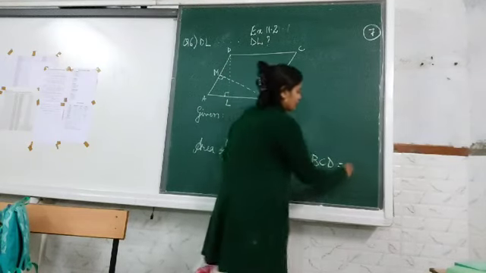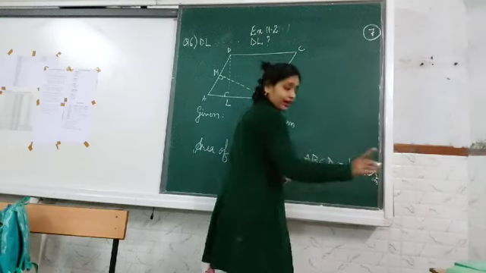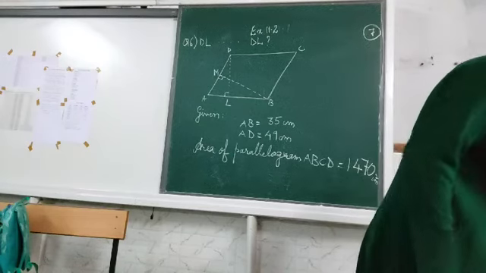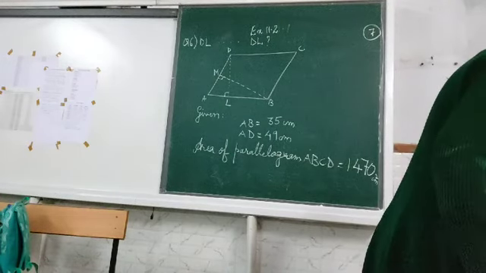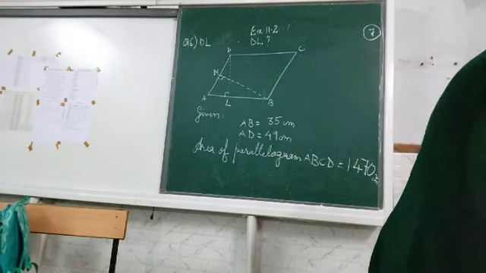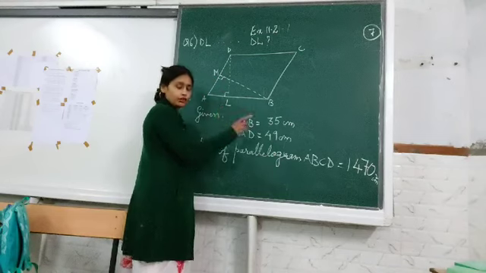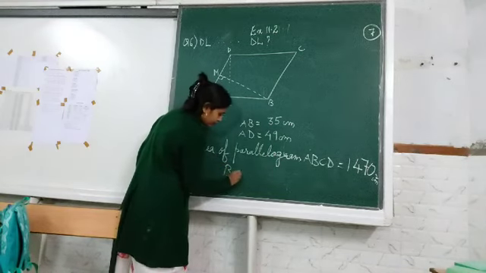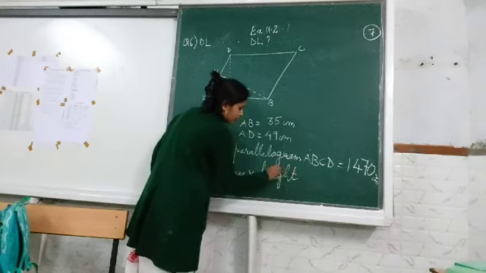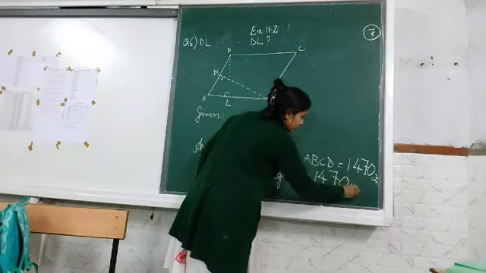Area of ABCD is equal to 1470 centimeters square. Let me check once. 1470. Correct. Also we know the formula. Base into height is equal to 1470 centimeters square.